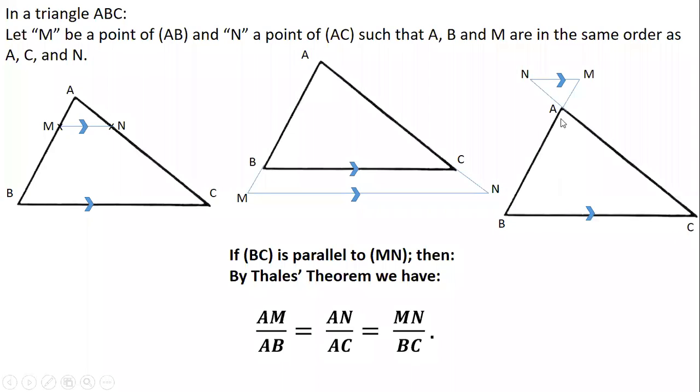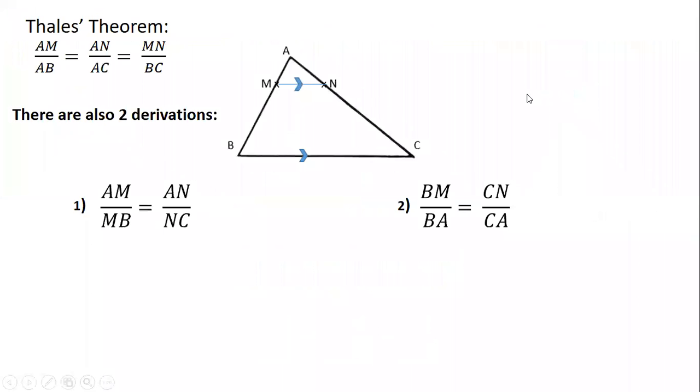Then the second ratio should start with AC from the same triangle. Okay? Again, Nurjan: AB over AM is equal to AC over AN is equal to BC over MN. Yes.